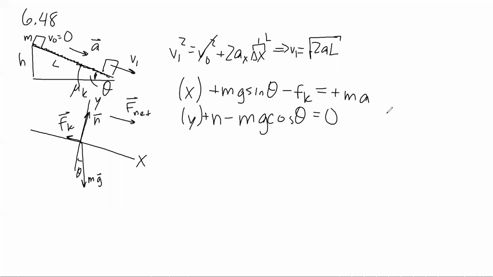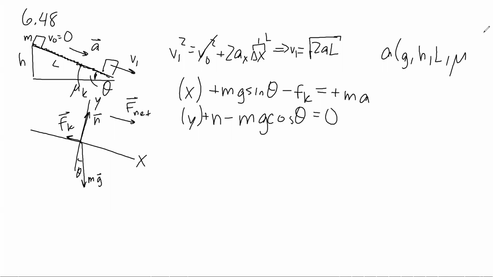Now that we have this pair of equations, the next thing to do is use what we can to solve for a. And it's kind of tricky because it might seem that we're just doing random numbers, but what are we looking for? This question is looking for a in terms of, say, g, the height of the incline, the length of the incline, and mu.